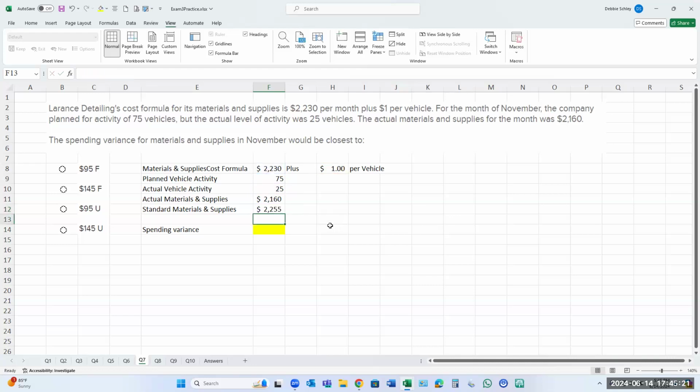So my standard cost for that output should have been 2,255. This is what I thought was going to happen, and this is what actually happened. So I find the difference between the two, and it's $95. What actually happened is less than what I thought was going to happen, so that is favorable.